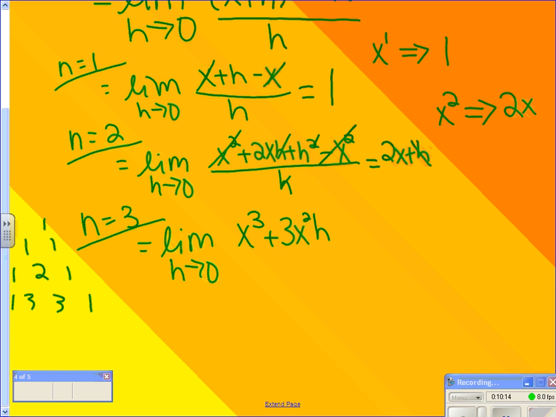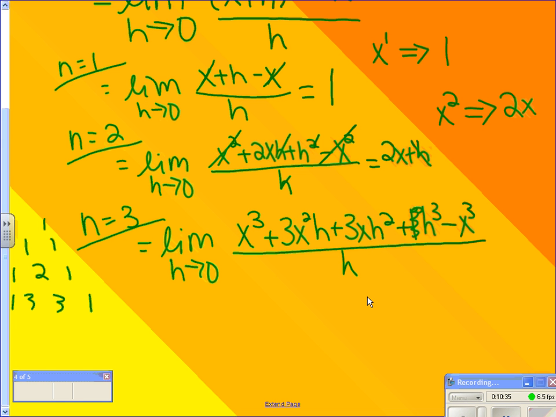Using Pascal's triangle, minus, what happens?